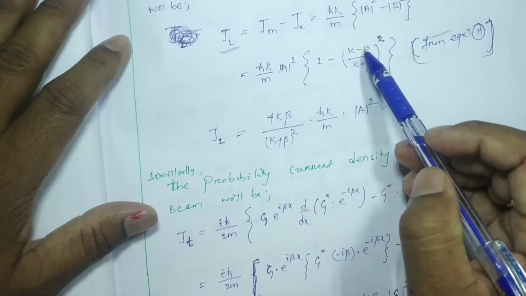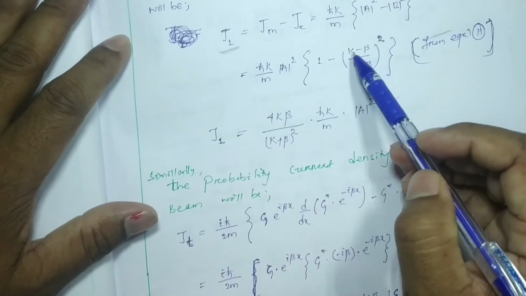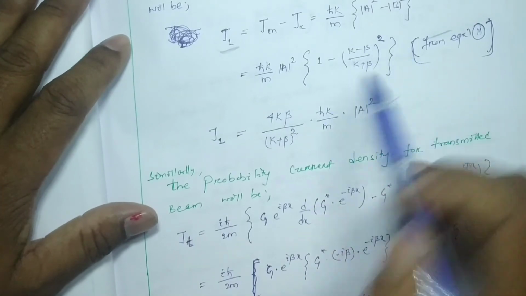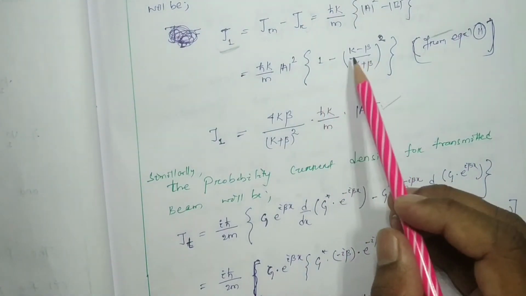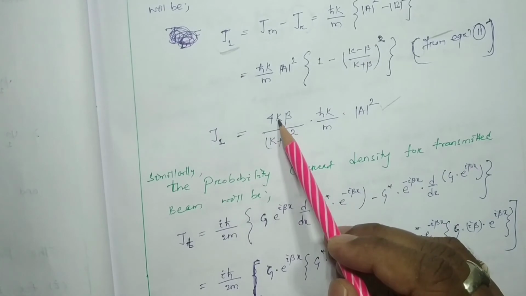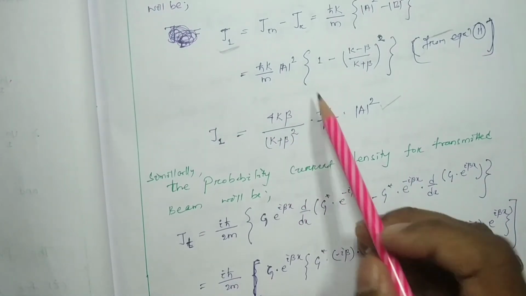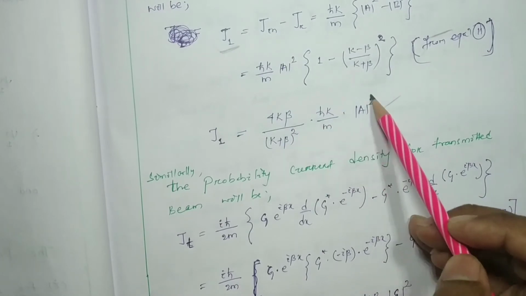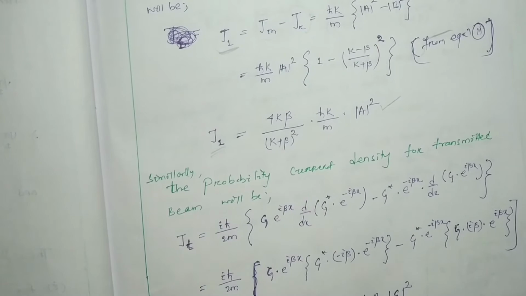Here |B/A|² will be ((k minus beta) by (k plus beta)) whole square. So this will be nothing but 4k beta by (k plus beta)², into ħk/m into |A|². So the total probability current density in region 1 we found this one.